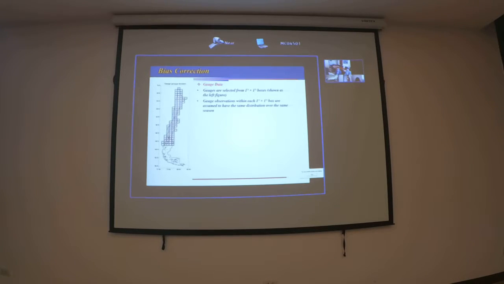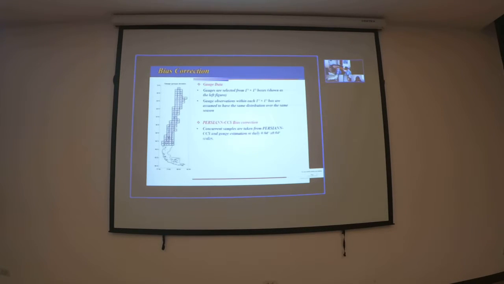Then the gauges inside the box are assumed to have the same distribution, so we calculate the rainfall distribution over each 1 degree by 1 degree box. Of course, here there are 98 boxes, so there will be 98 separate rainfall distributions.